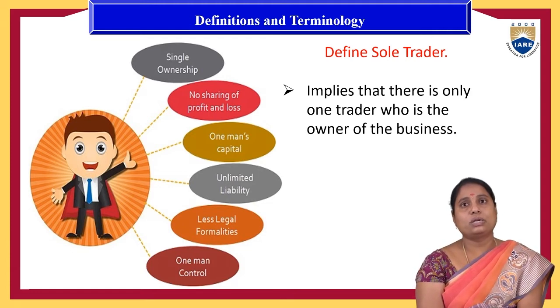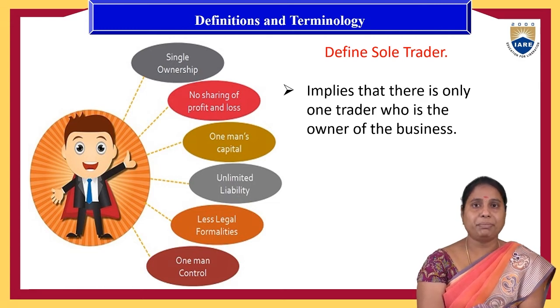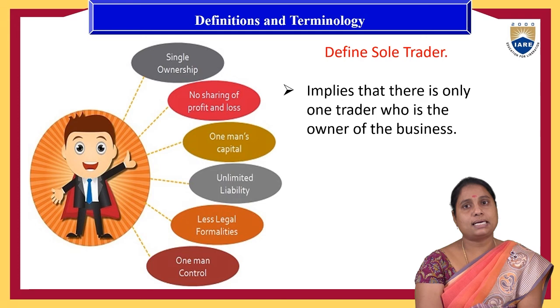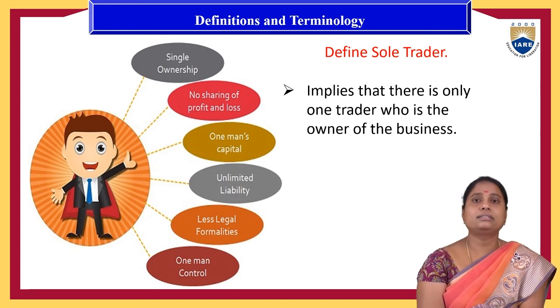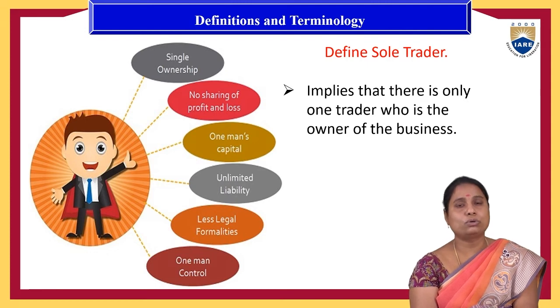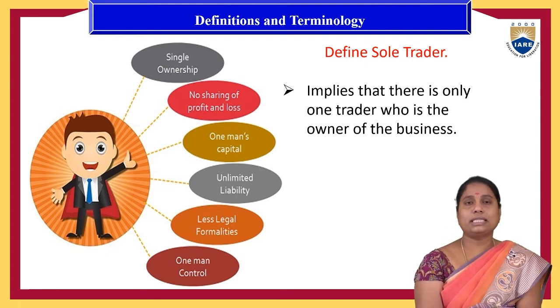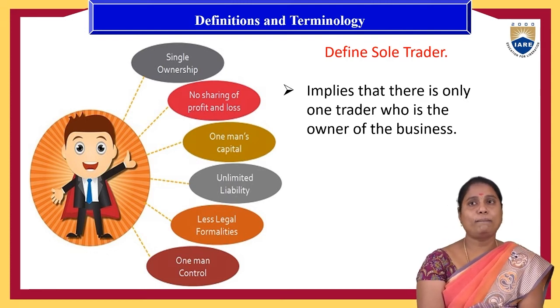Its characteristics are single ownership, no sharing of profits and losses, one man's capital, unlimited responsibility, very few legal formalities, and only that person controls his business. So these are all the characteristics of the solo trader.